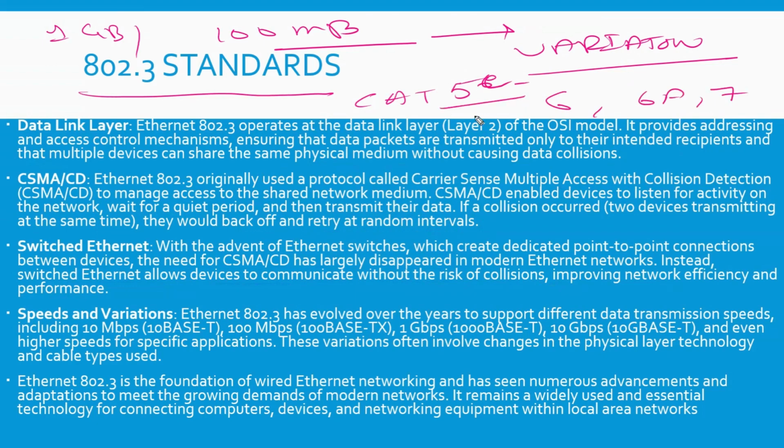They have different speeds. Cat 5e works on 100 MB to 1 gig. Cat 6 is primarily on 1 GB speed. Cat 6a is on 1 GB to 10 GB, depending on the length. And Cat 7 is only on 10 GB. So these variations of speed, and how these speeds carry the data, all fall under the 802.3 standards.